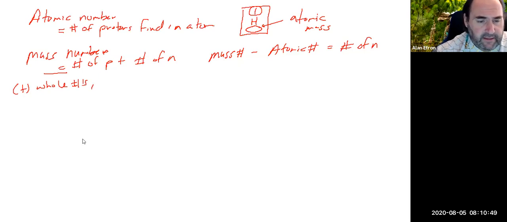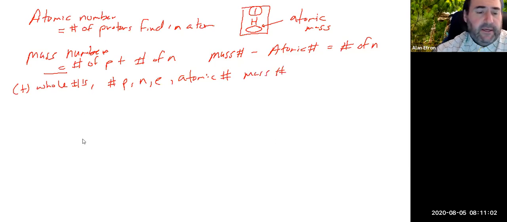The number of protons, neutrons, electrons, the atomic number, and the mass number should all be positive whole numbers. And in these problems, you typically should have enough information given to you to be able to calculate those. We can also write these with their isotope symbols.